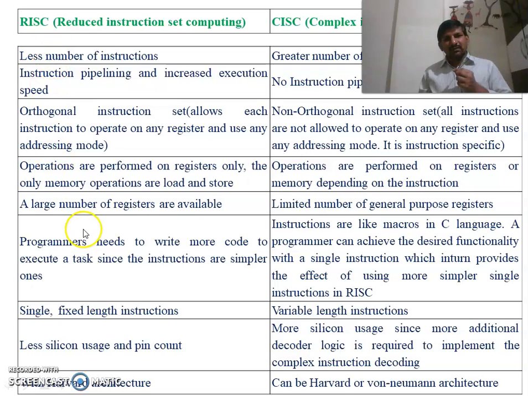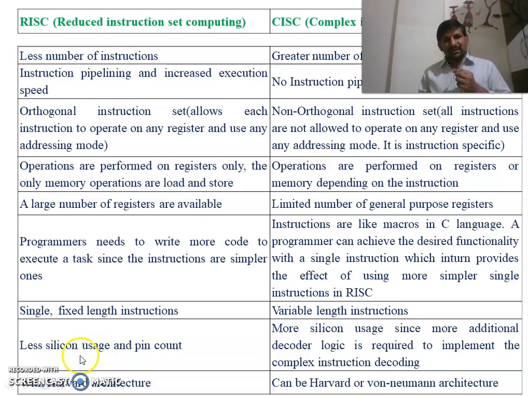Next, if you are using the RISC instruction set architecture, you write more instructions because they are simple instructions, whereas CISC contains fewer instructions. Next, RISC instructions are single and fixed length, whereas CISC contains variable length instructions.